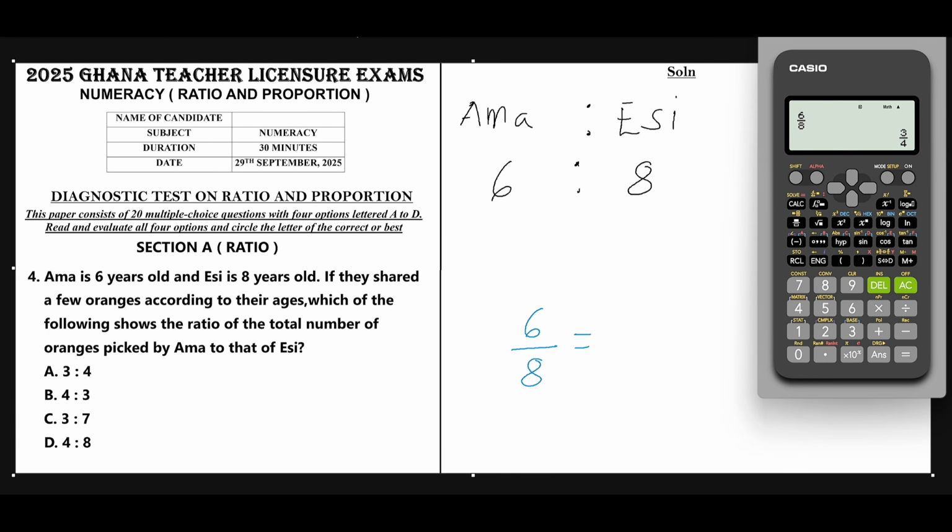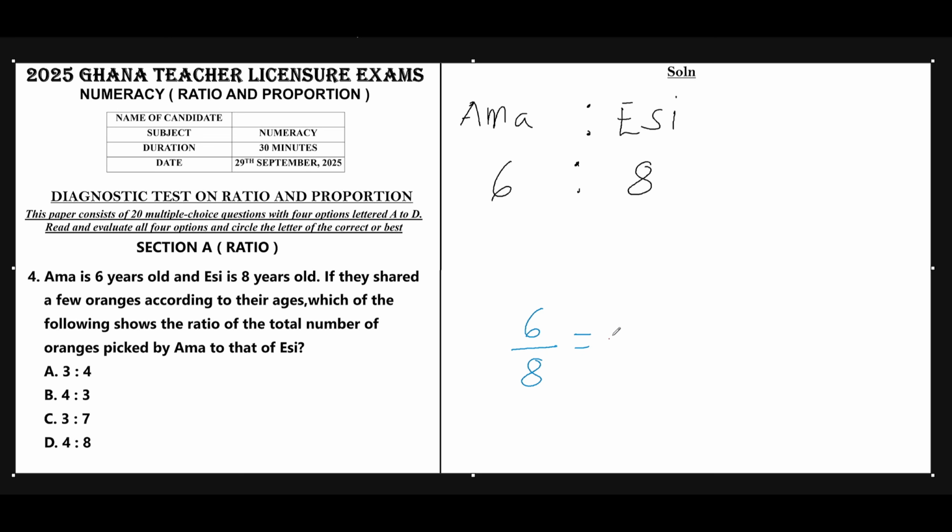That gives us 3 out of 4. So when you express 3 out of 4 in the ratio form, we have 3 is to 4. We select A as our answer.